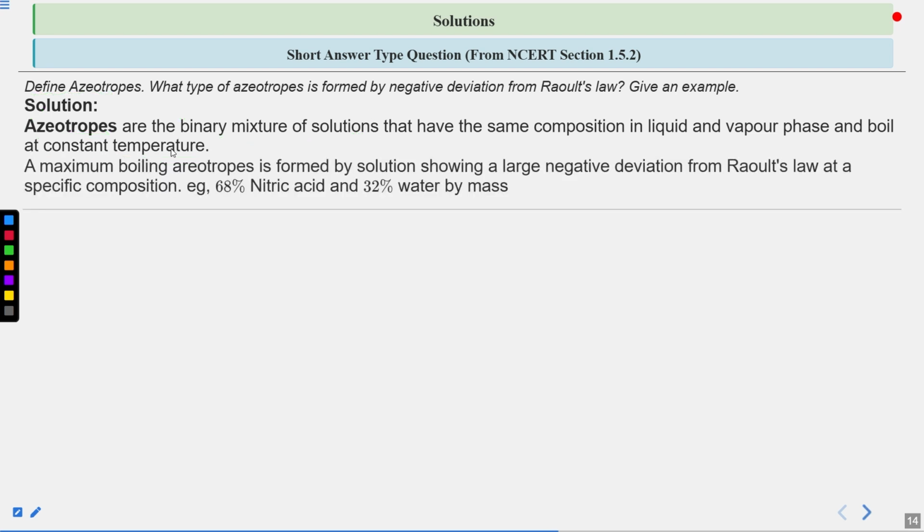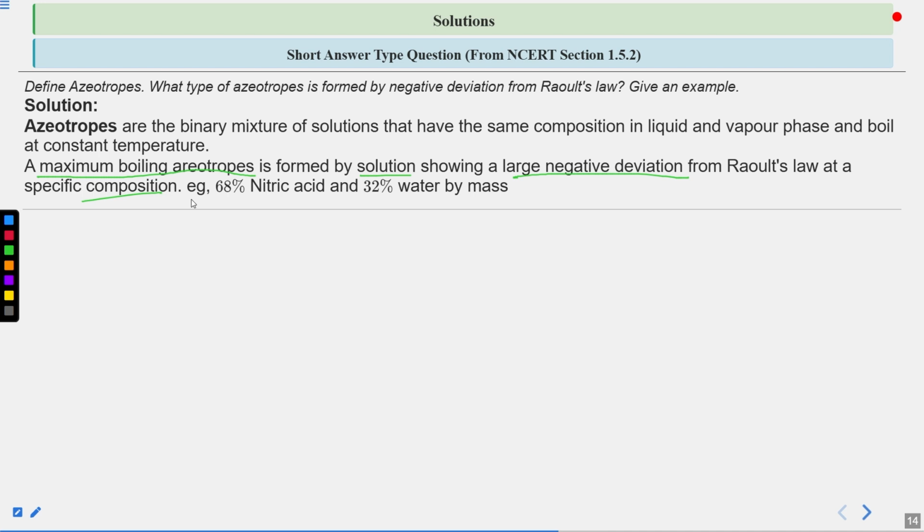Now, a maximum boiling azeotrope is formed by the solution showing a large negative deviation from Raoult's law at a specific composition. As expected from Raoult's law, this maximum boiling azeotrope will show a large negative deviation at a specific composition.